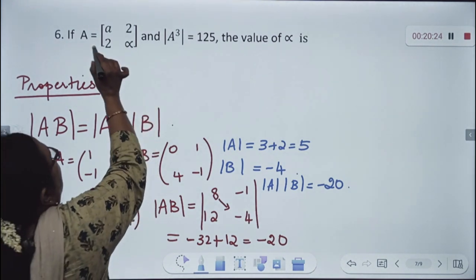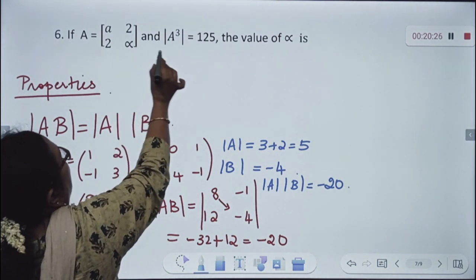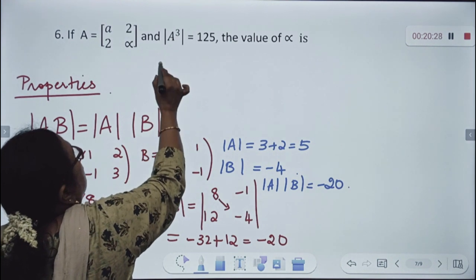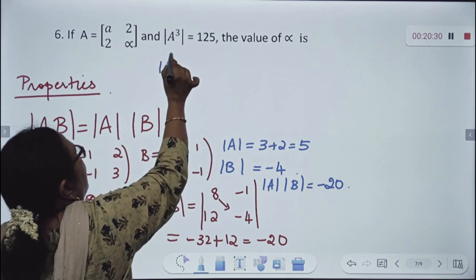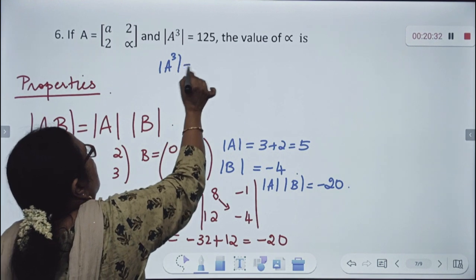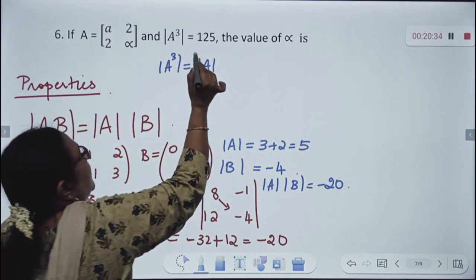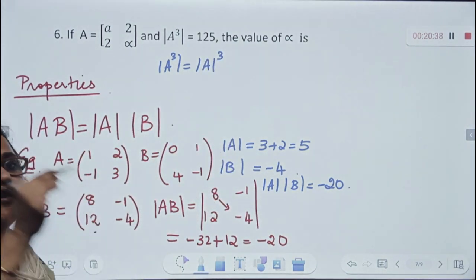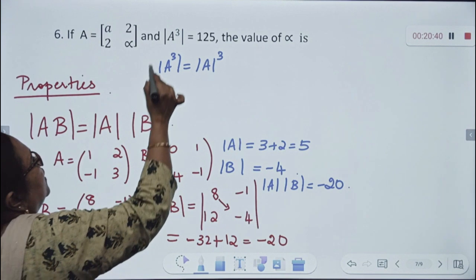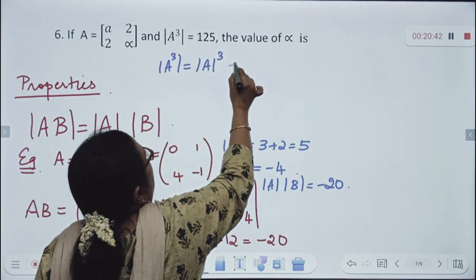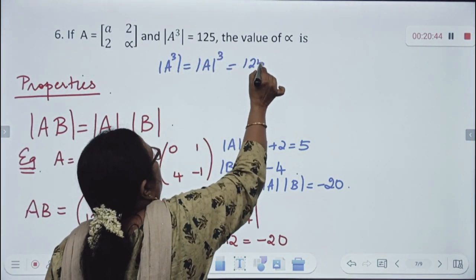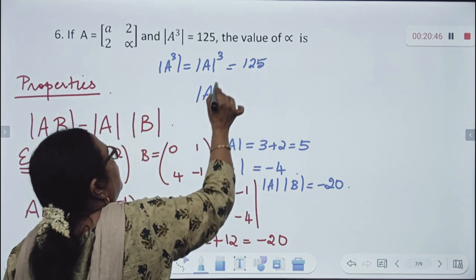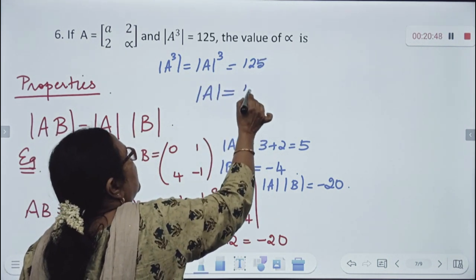You are given a matrix A and you are given determinant of A cube is 125. So determinant of A cube is determinant of A into determinant of A into determinant of A, which is determinant of A the whole power 3, which is 125. Which means determinant of A is cube root of 125, which is 5.